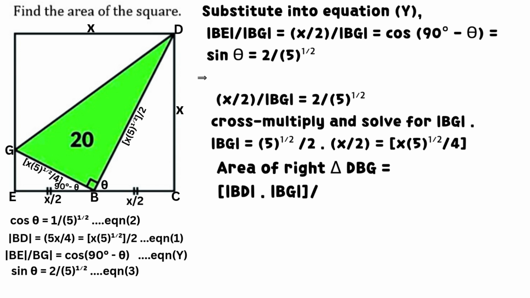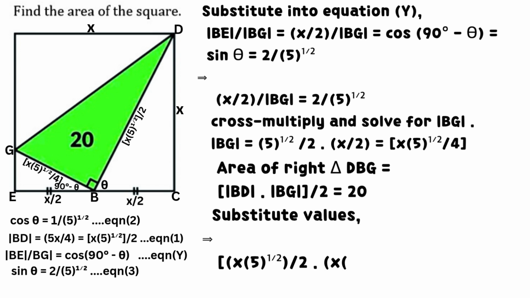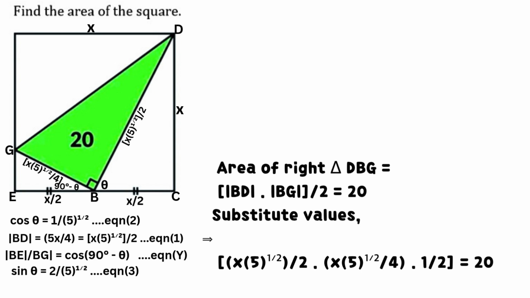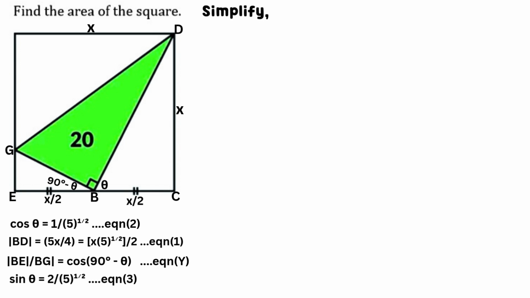Area of right triangle DBG equals half the product of length BD and length BG, which equals 20. Substitute values. We have that the product of half of x times the square root of 5 and 1/4 of x times the square root of 5, multiplied by half, equals 20.